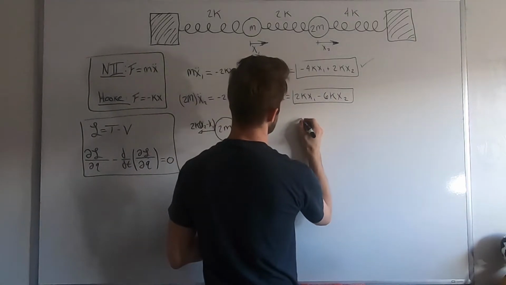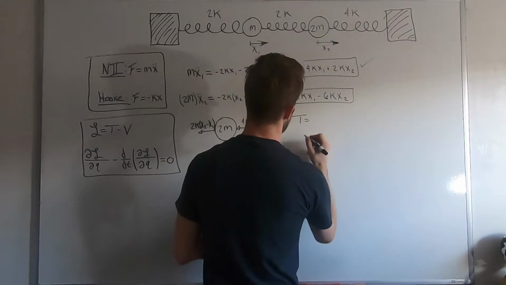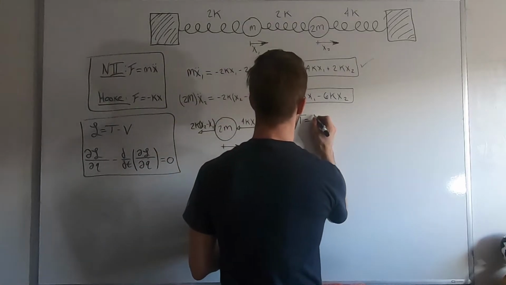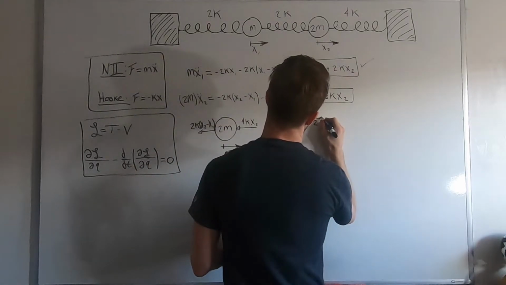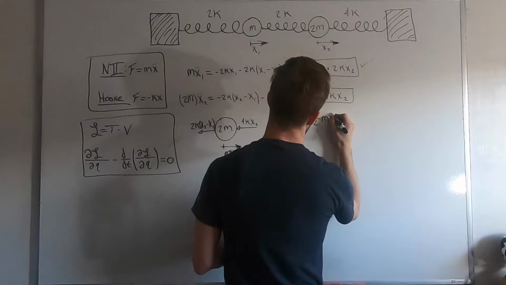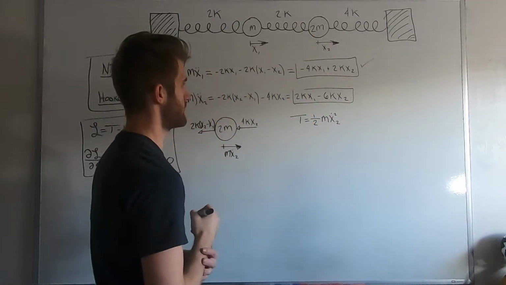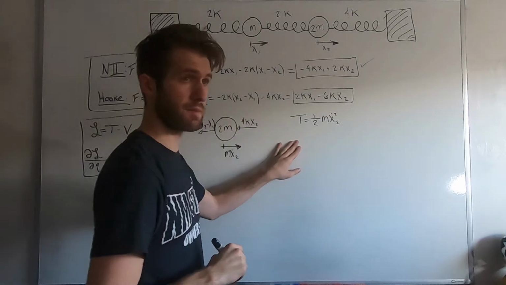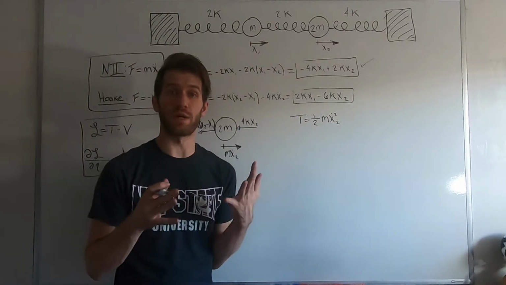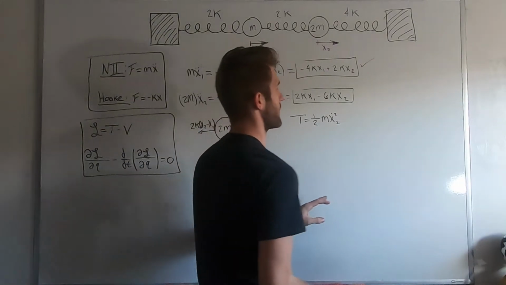So we're going to have T, which is our kinetic energy. We have 1/2 m x dot squared sub 2. So that is our first term here. All right, so we just want to add up our potentials now.